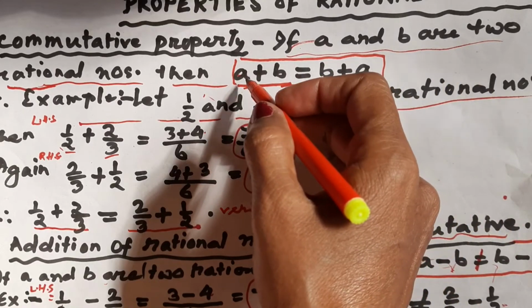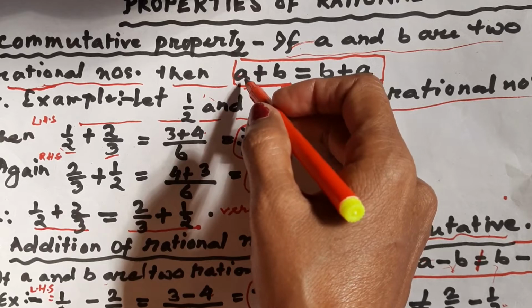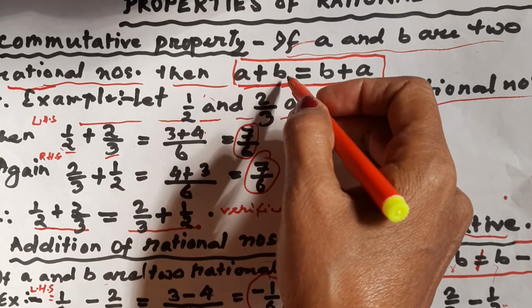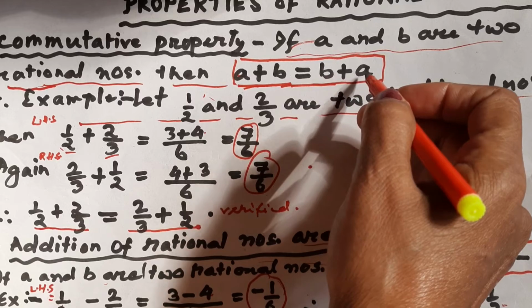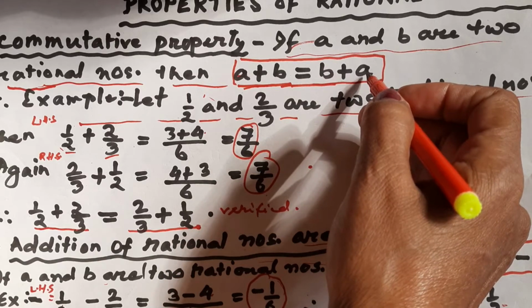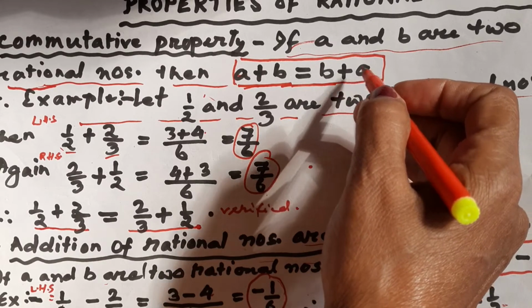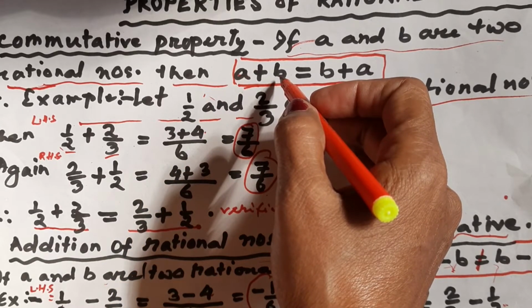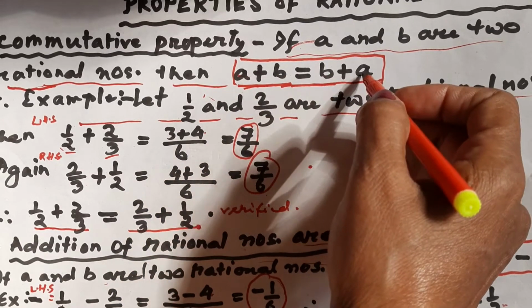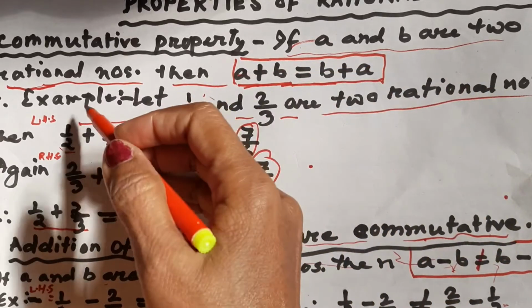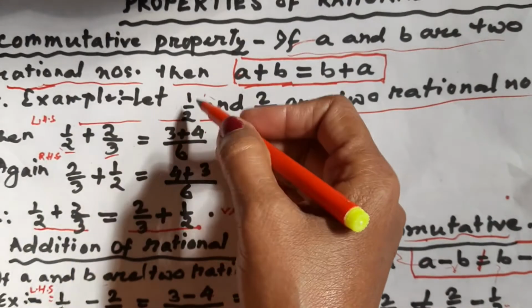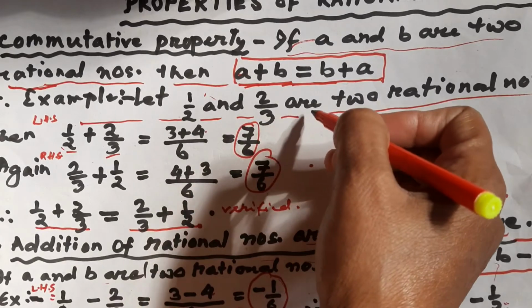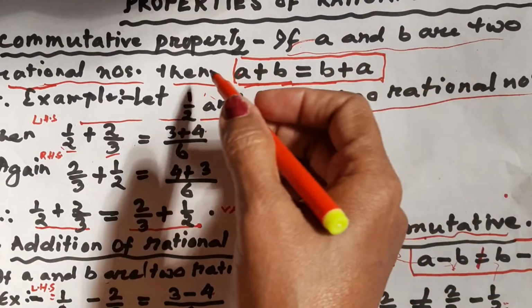That is, if we change the position of the numbers, there will be no change in their addition values. That is, a plus b will have the same value as b plus a. For example, let us take half and 2 by 3 as two rational numbers.